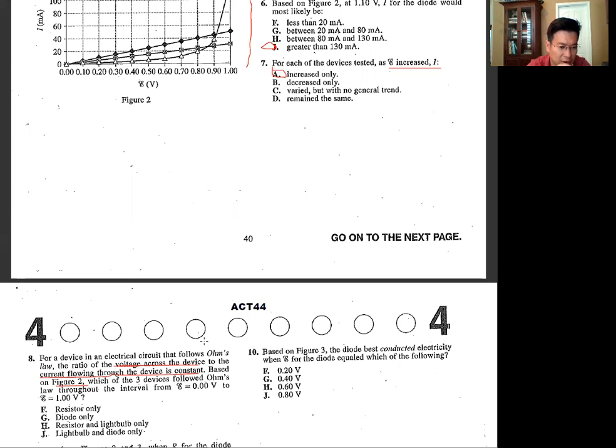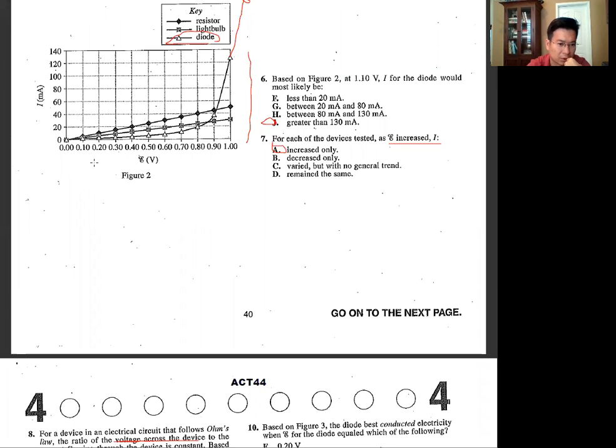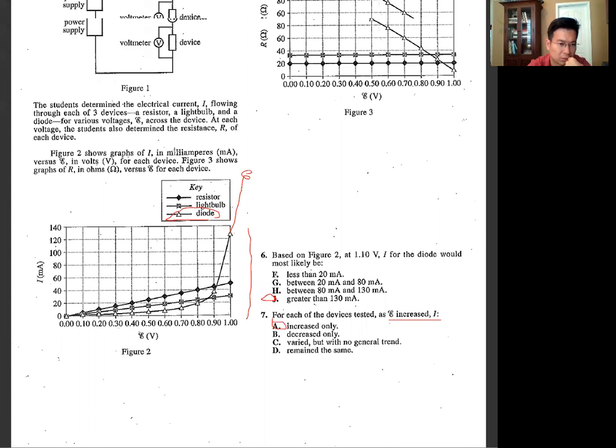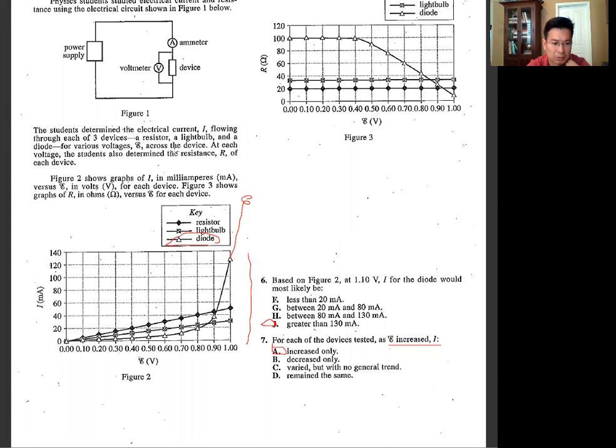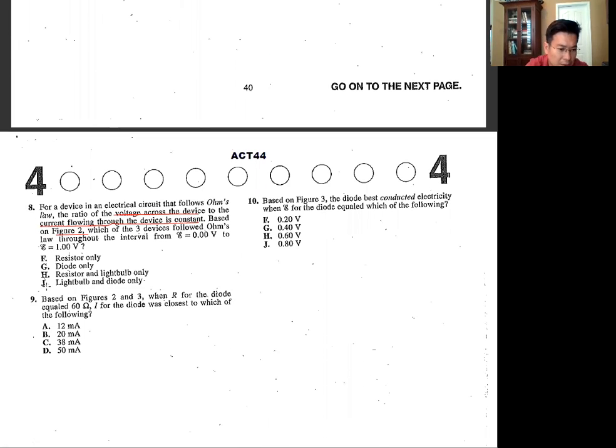If you think about Figure 2, the straight line shows constant. That's why only the resistor and the light bulb, not the diode.